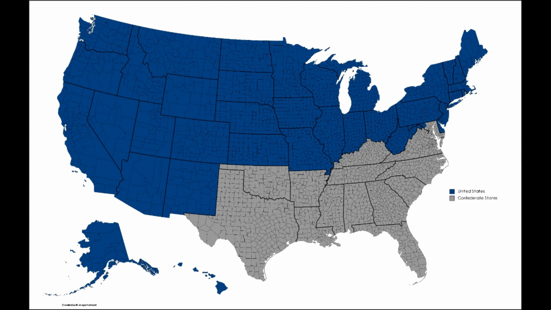Now, the U.S. would also have to, in this case, cede Washington, D.C., which it didn't really want to hold on to while it was surrounded by a foreign nation. And the CSA would pay $3 million as compensation.